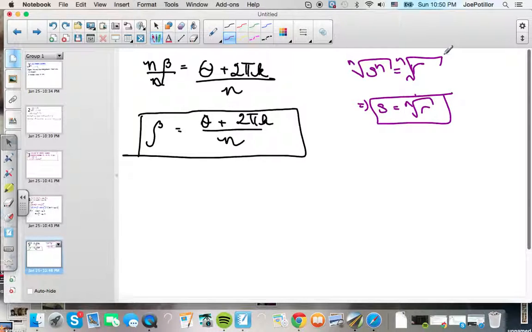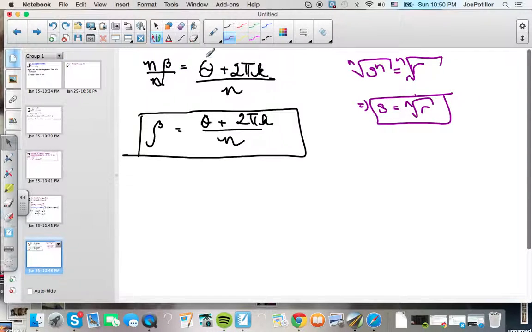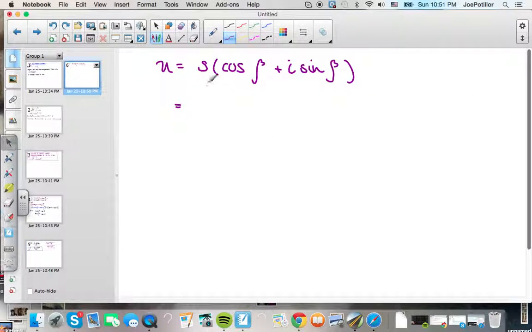Now, I use back my equation, which is u, when I rewrite that on the next page, which we know that u is equal to s cosine of beta plus i sine of beta. From here, I know that s from the previous page is equal to the nth root of r.